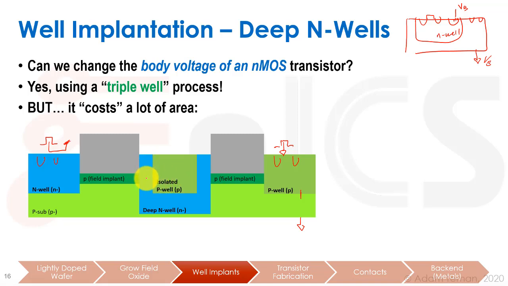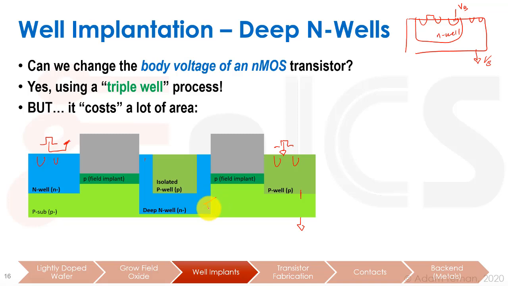We can make a swimming pool here, which we call a deep N-well. So we put an N-type material really deep inside the substrate, and then we fill that with a P-well. That's an isolated P-well because on all sides it's going to be covered with N-type doping, and we have to again make sure that we have our diodes in the right directions here.